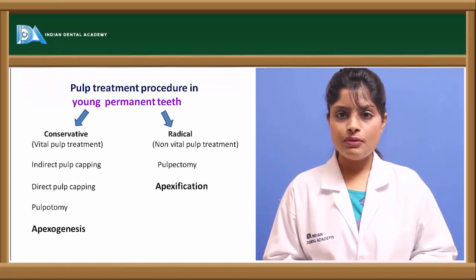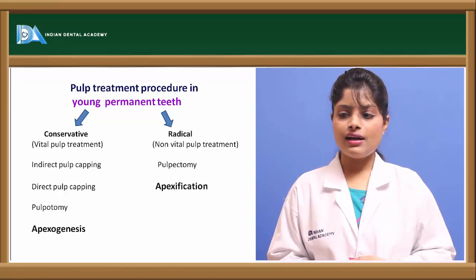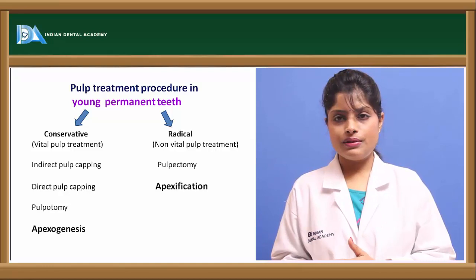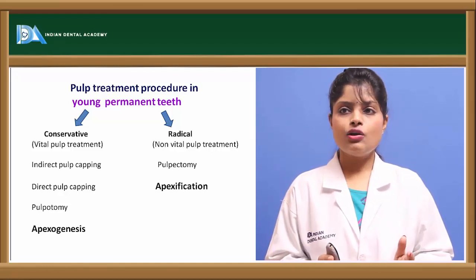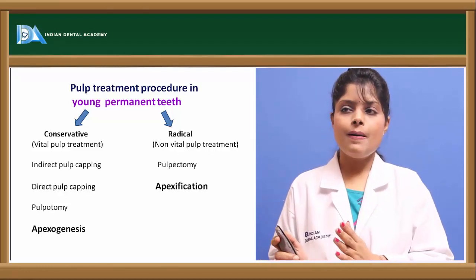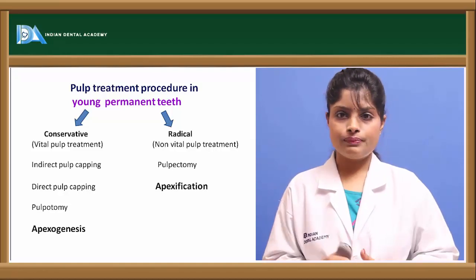So the pulpal treatment modalities for such teeth are modified a little. They can be divided into conservative treatment and radical treatment. The conservative treatment incorporates vital pulp treatment, and the non-vital pulp treatment includes the radical pulp treatment.